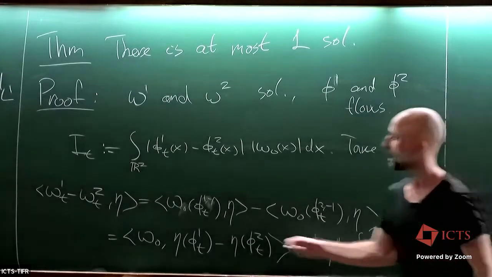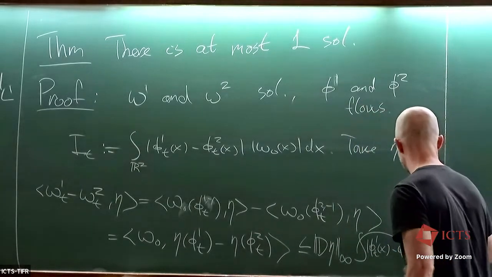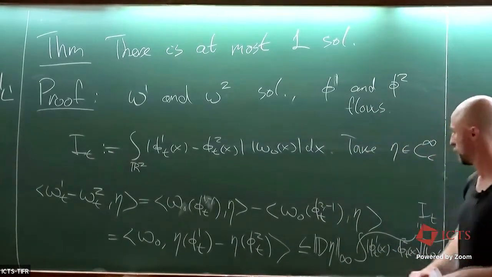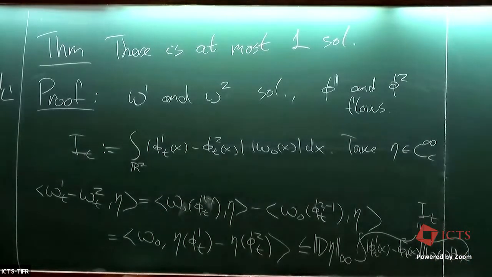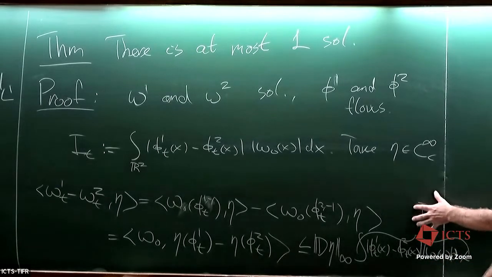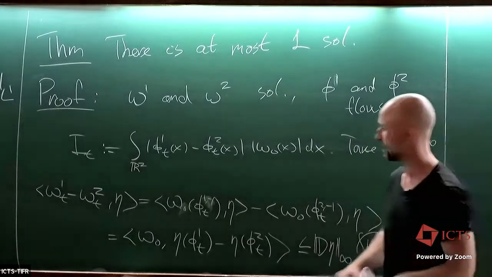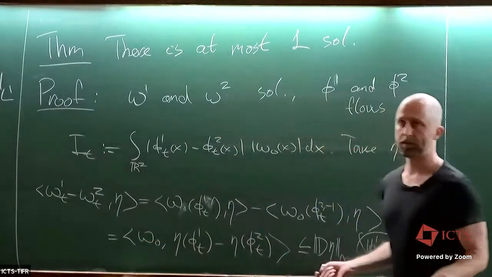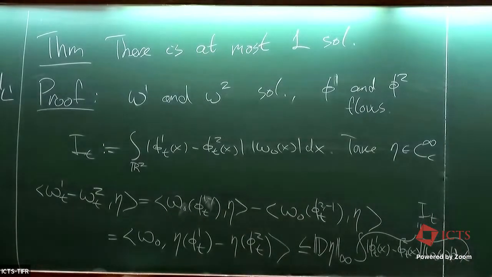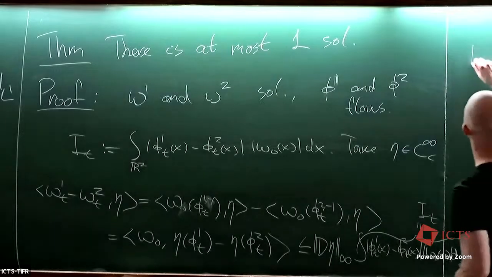And this is exactly what I called I_t. So why am I saying this? It's just to say that if we can show that I_t is 0, we're done. That's because it means that this one will be 0. So it's enough to show.